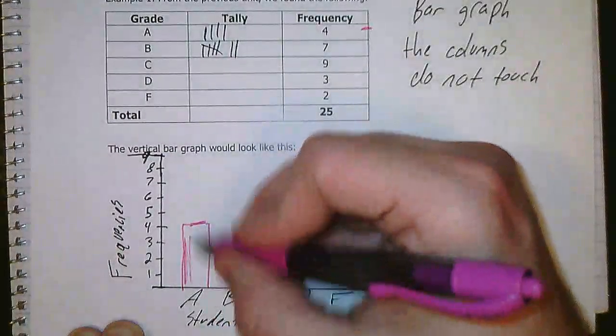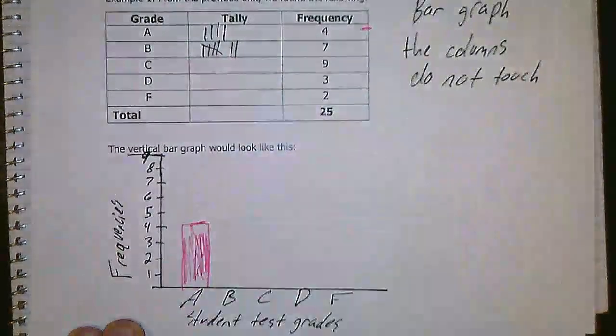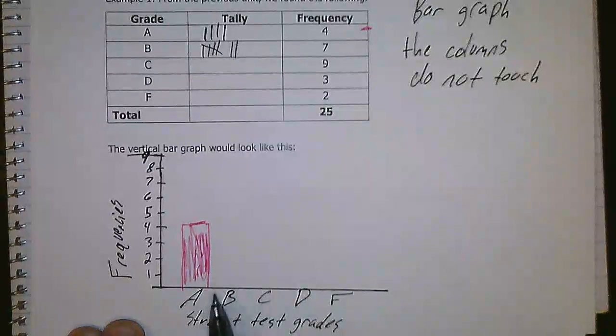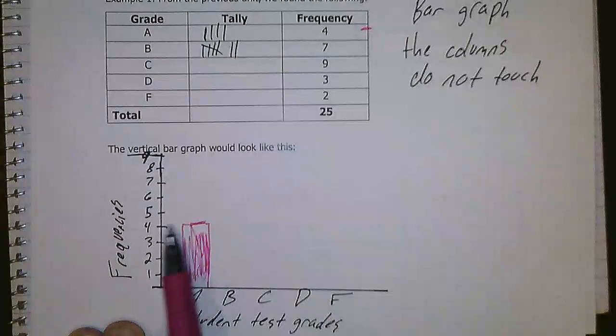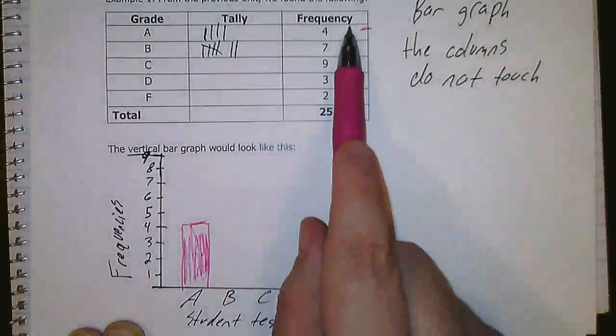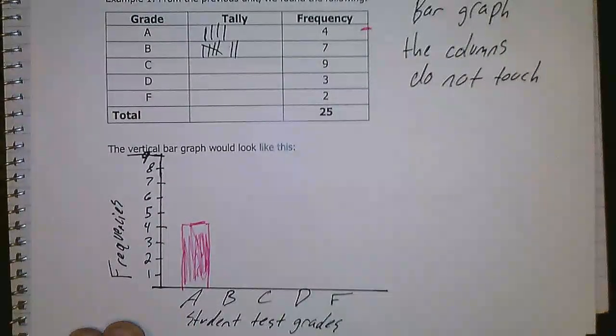And you can color it in if you want. 4 students made an A. And so the column, one of those blanks we filled in for part 2, draw vertical or horizontal bars with heights that correspond to the frequencies. So the height of this bar is at 4, which is how many students made an A.